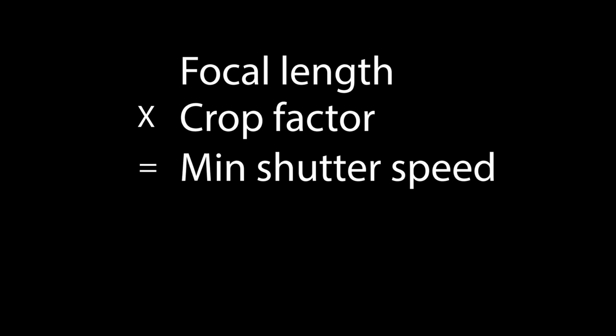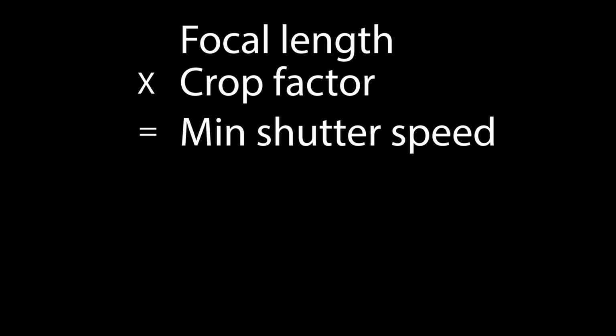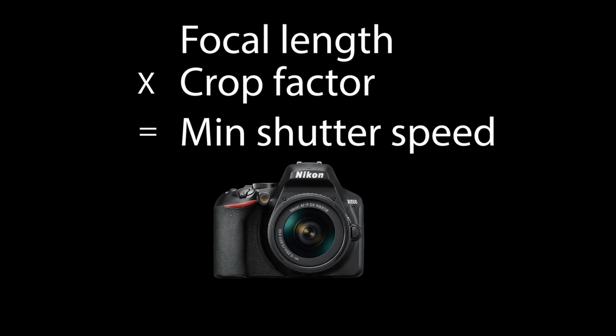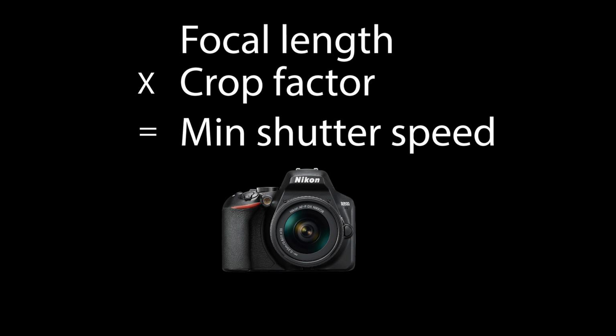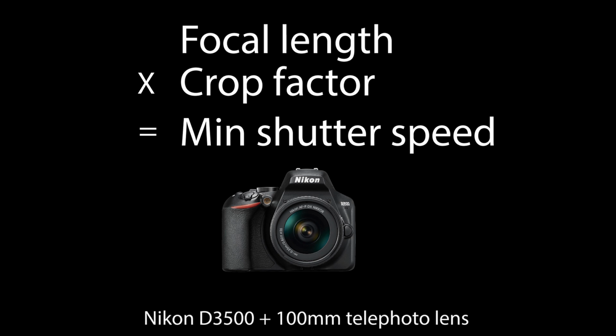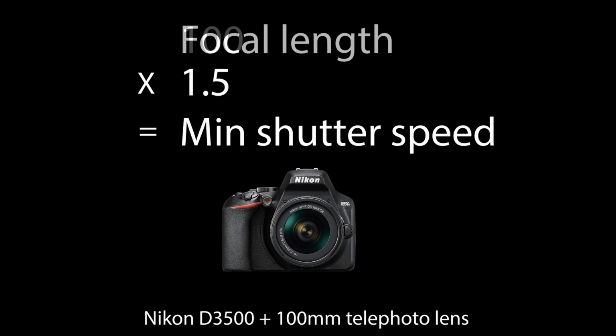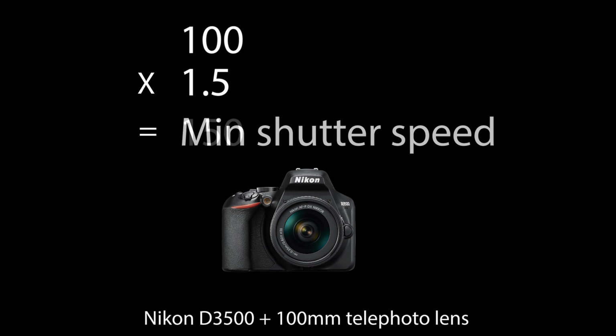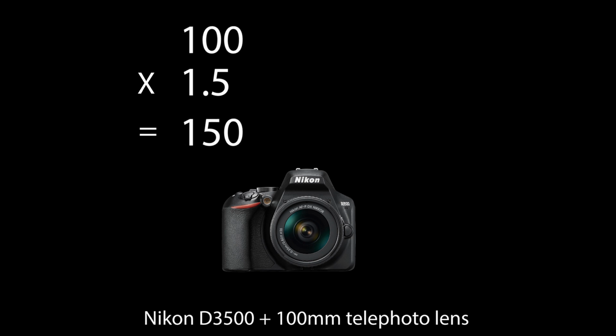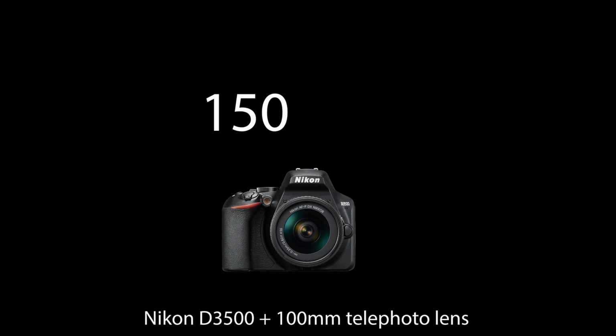Let me give you an example. Let's say we're using a Nikon D3500 DSLR with a 100mm telephoto lens. The crop factor for this camera is 1.5, so 100 times 1.5 equals 150. So now we have the number to base our shutter speed on.